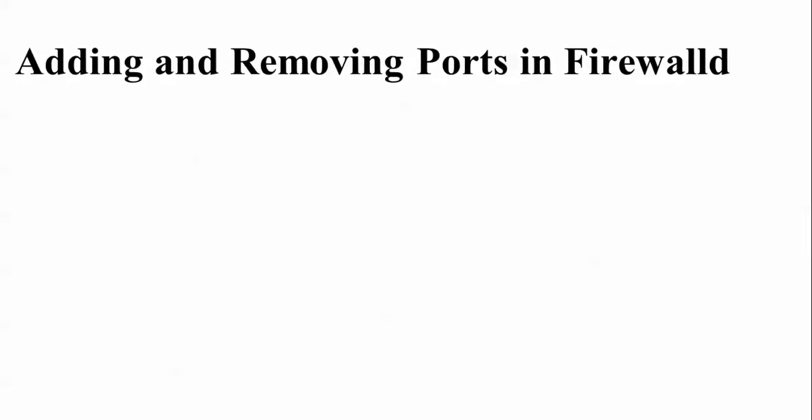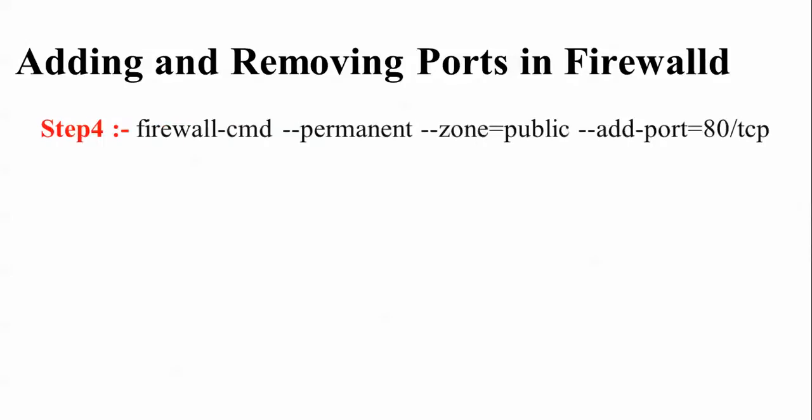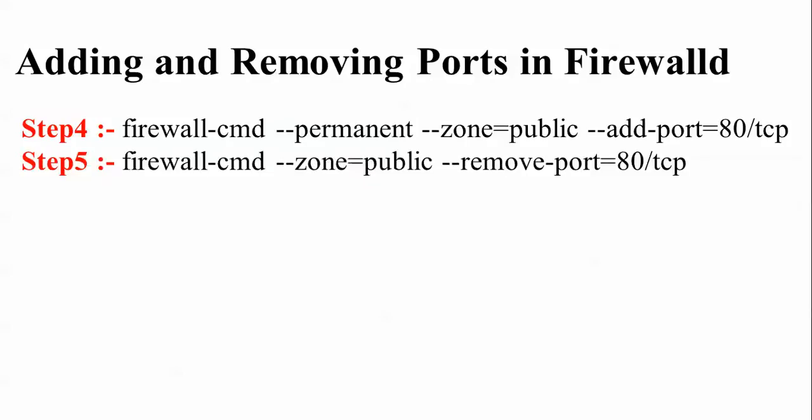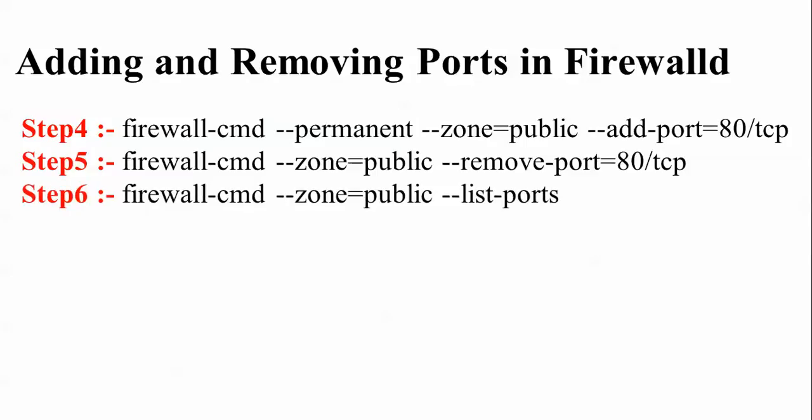Now I'm going to add and remove ports in FirewallD. This is the command to first of all add the port. The port is going to be added in the public zone. After that we're going to remove the port. Port number 80 is what I am giving, which is nothing but the HTTP port number. After that we'll check the list to see whether the port has been removed or not.